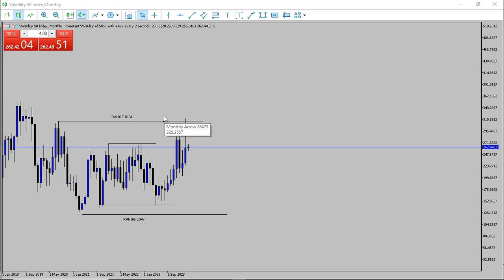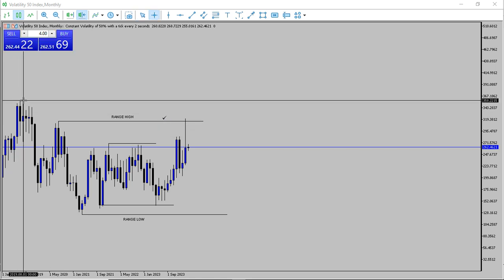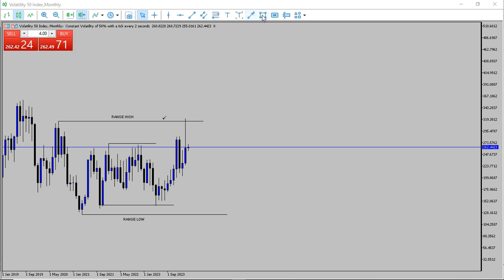All right, so now the next thing I have to do, though I'm ignoring this right here, okay, is like saying we have this range high and then we have this range low, right? So price traded lower to take the range low first.